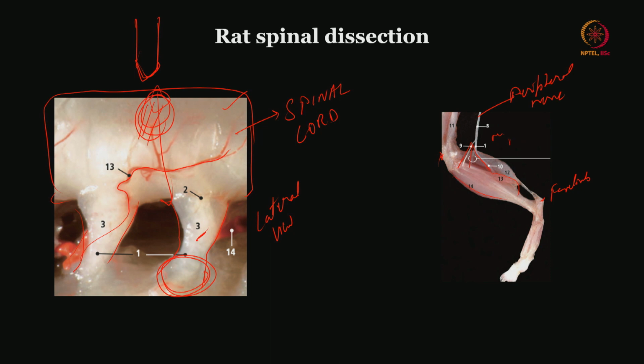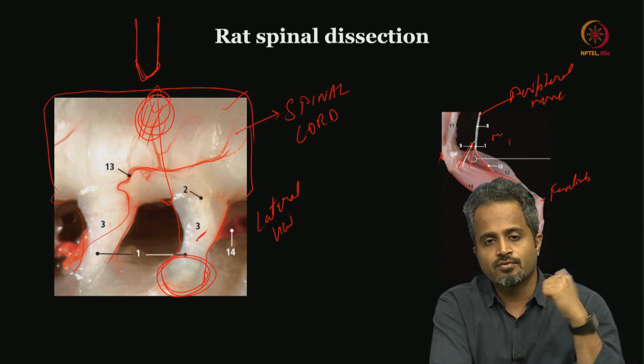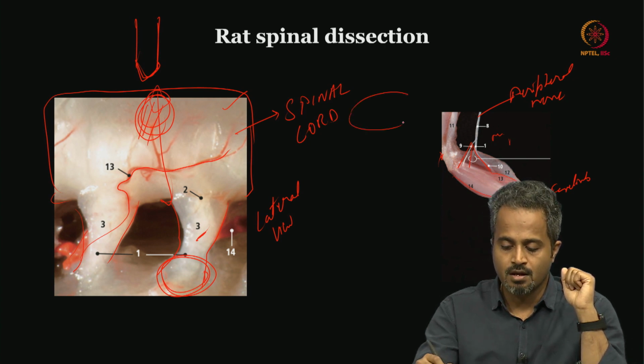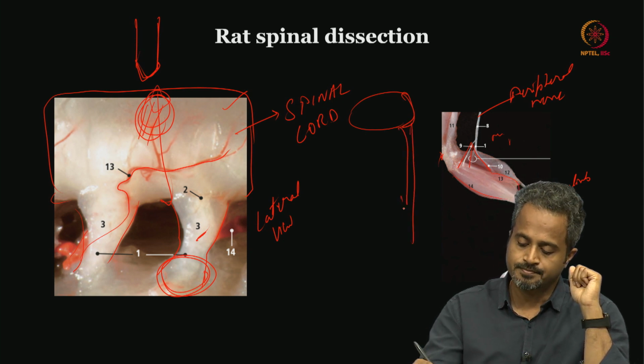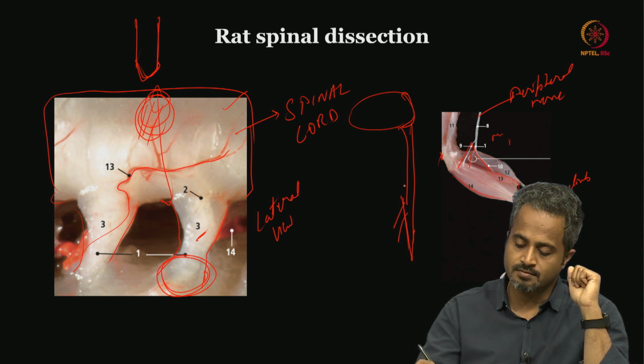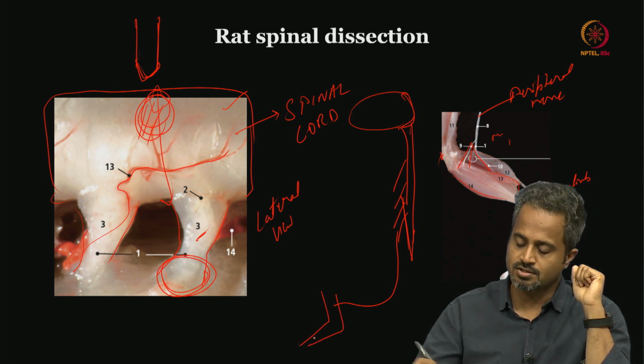So, I hope you all remember each and every layer we just discussed. In order to expose the peripheral nerve until the muscle, this is how the neural structures are going to course starting from the brain. Imagine there is a motor cortex, a neuron, and this is how the brain is, and then the spinal cord, which we dealt with now, and then the rootlets come in, then it goes and supplies the muscle which is shown here.